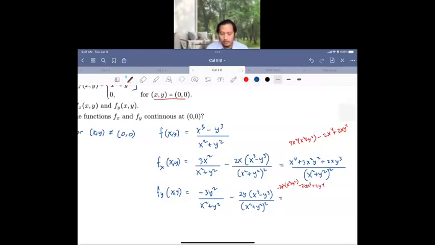So we have plus 2y to the 4 minus 3, so minus y to the power of 4 minus 3 x squared y squared minus 2y x cubed, divided by x squared plus y squared.